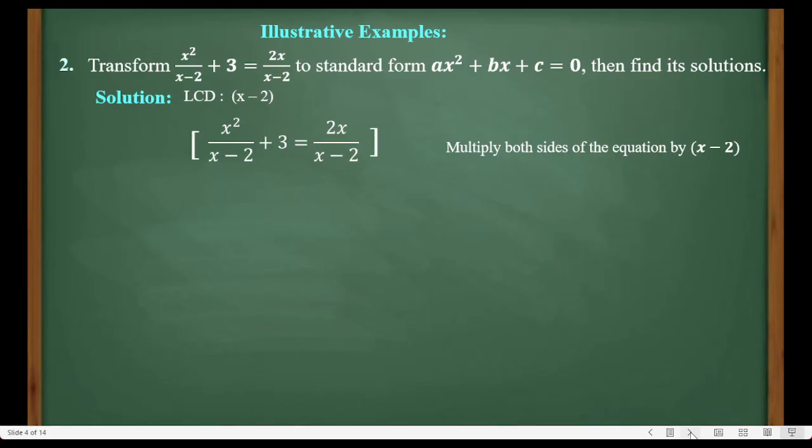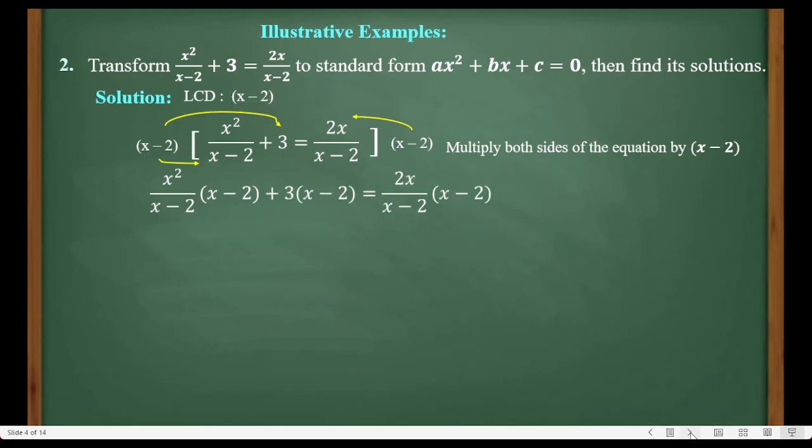So if we're going to enclose this equation in a pair of brackets, meaning we're going to multiply each term by that LCD. And what will happen to the equation? It will be like this. Each term is now being multiplied by x minus 2. And if that will happen, we can cancel the denominator.